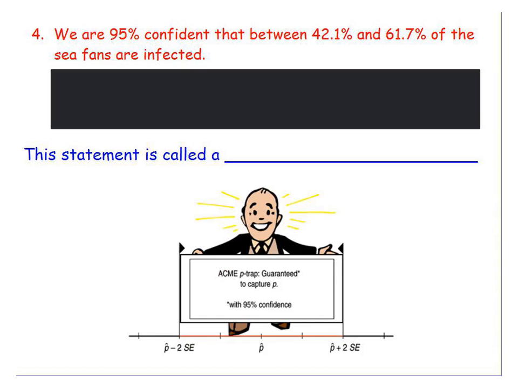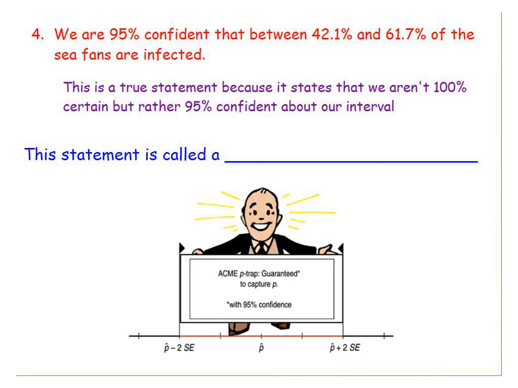We are 95% confident that between 42.1% and 61.7% of the CFANs are infected. This is finally a true statement. We are not saying we are 100% confident. We are not 100% certain, but rather we're only 95% certain about our interval.